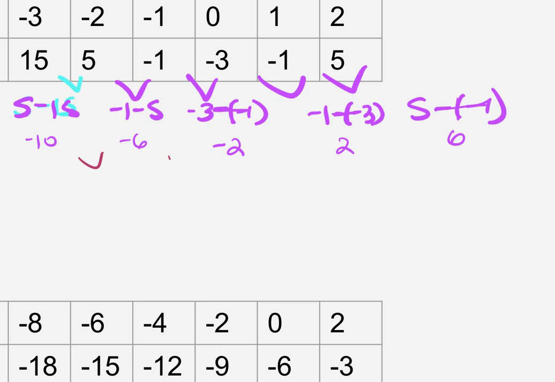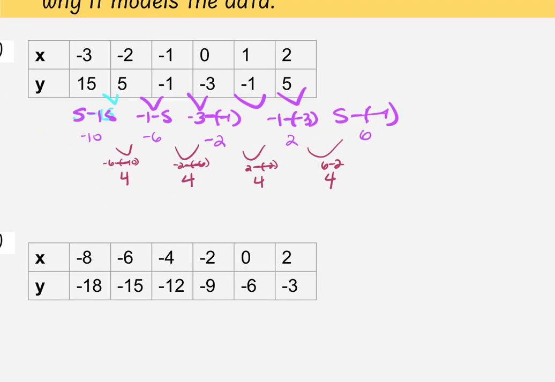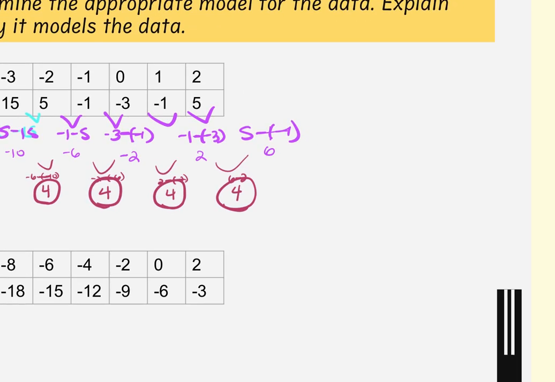Now I go to the next one. So -6 minus a -10 is +4. -2 minus a -6 is +4. 2 minus a -2 is 4 again. 6 minus 2 is 4. So that took to the second difference, which means this is quadratic.